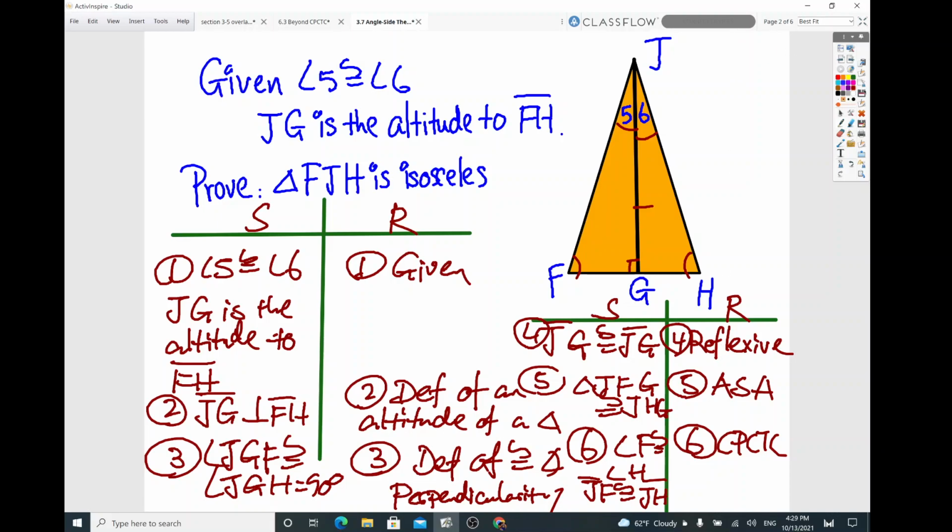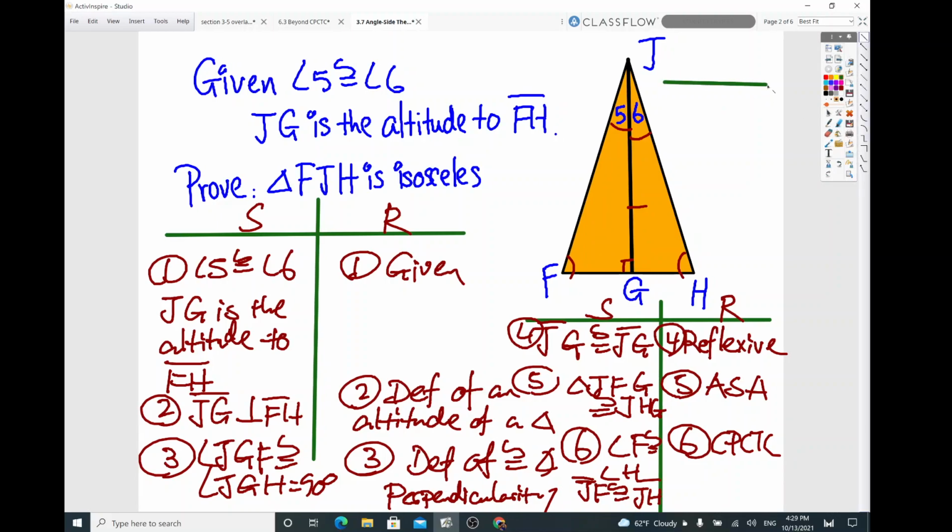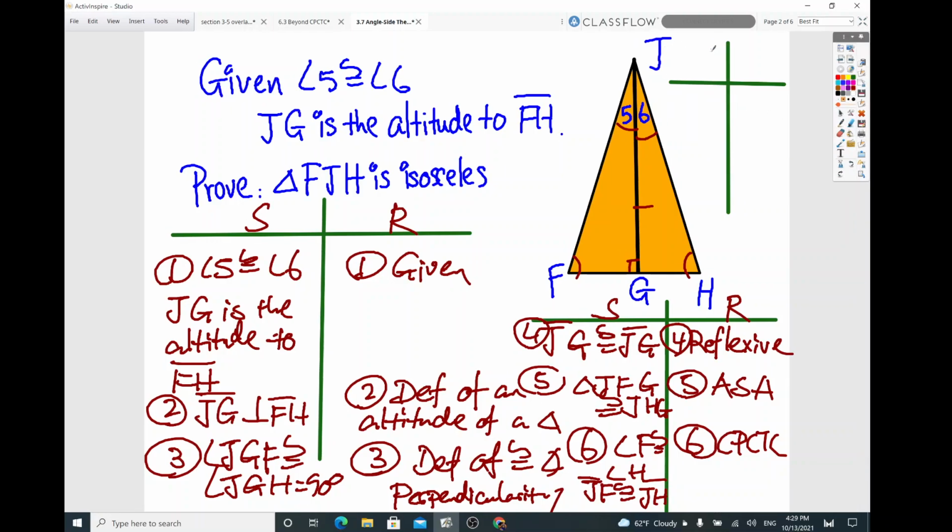And then finally, we can say that triangle FJH is an isosceles triangle. Statement, reason: the final statement, triangle FJH is isosceles. The reason for that, I would say, is the angle side theorem.